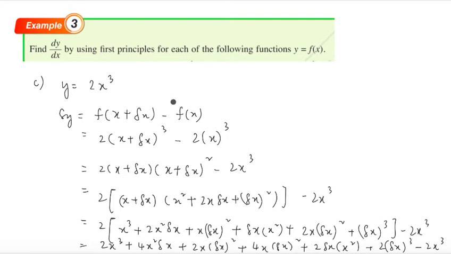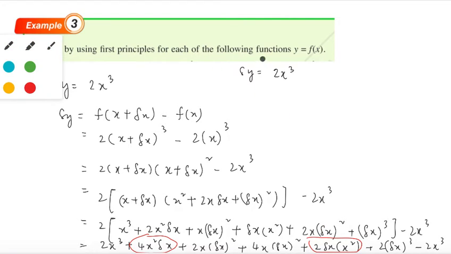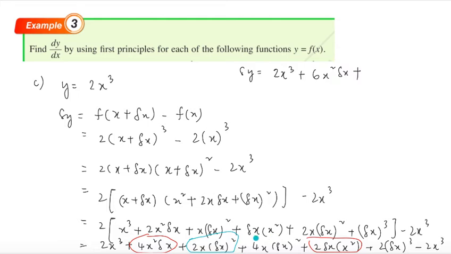Okay. So delta y equals to 2x power 3. This one, x squared delta x, so plus 6x squared delta x. Then another one will be 2x delta x squared, 4x delta x squared, these two.